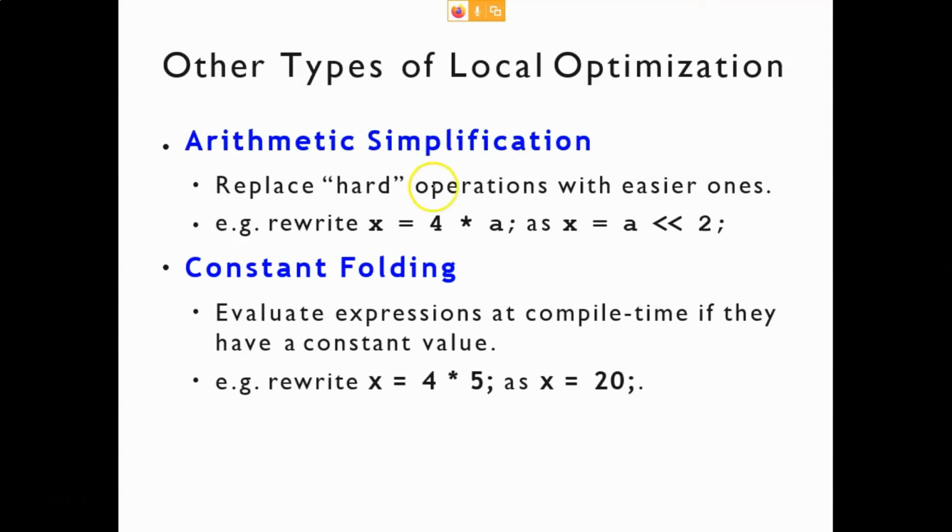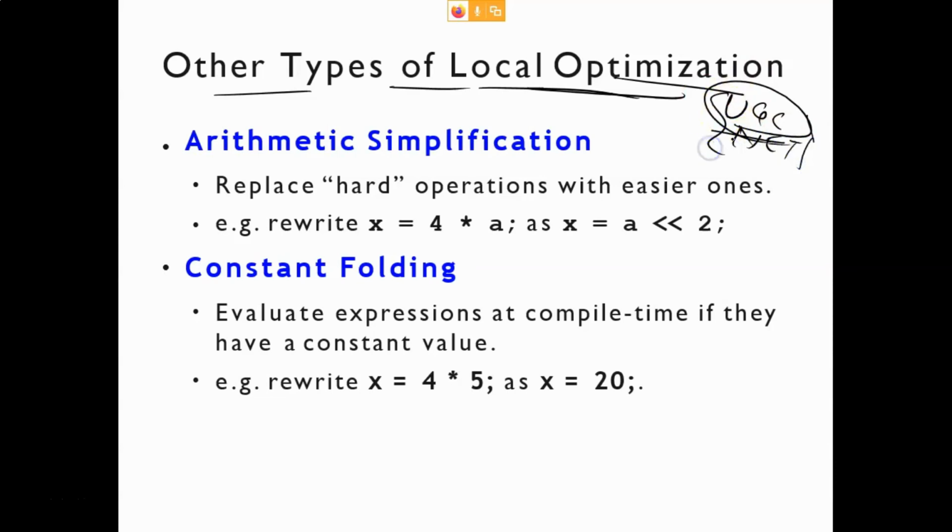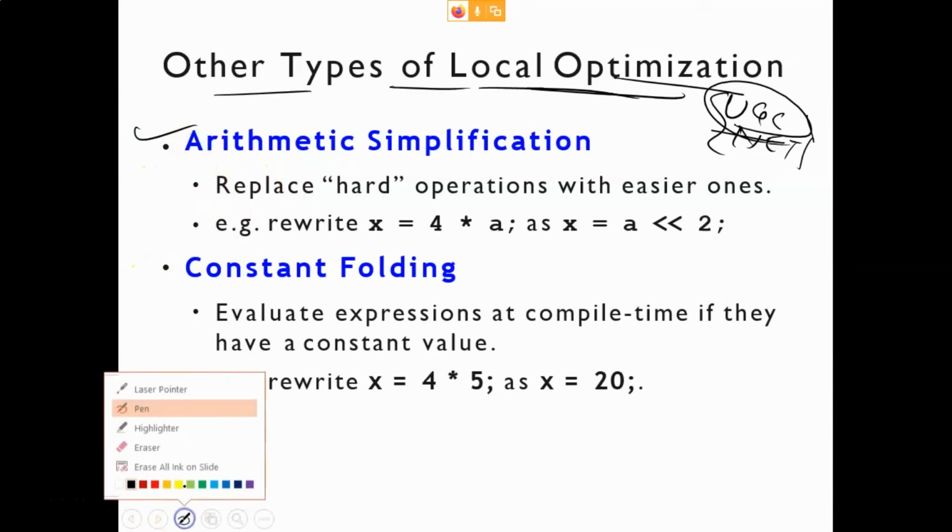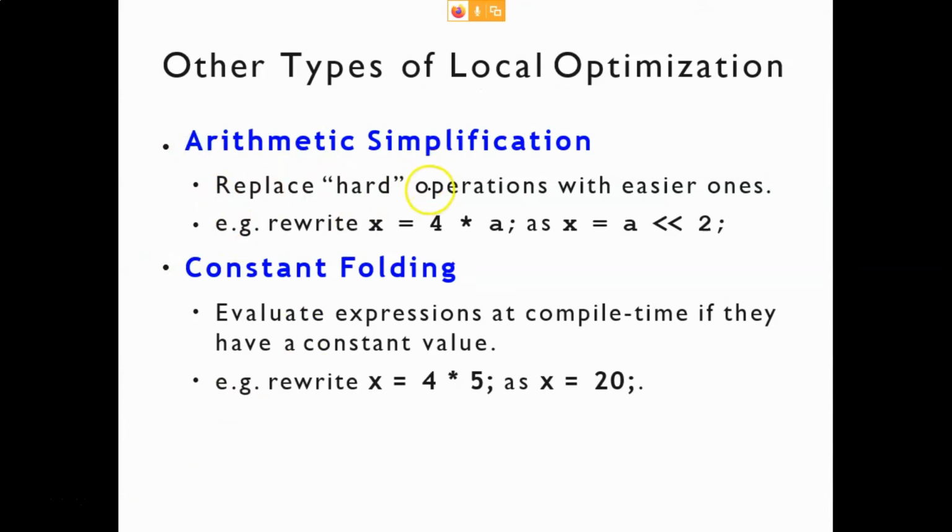Before we go further, we can see some other types of local optimization, which you may use in the UGC NET exam. In the UGC NET exam, they ask questions from these optimizations many times. I don't think in the GATE exam they are going to ask you questions from these. We have something called arithmetic simplification.